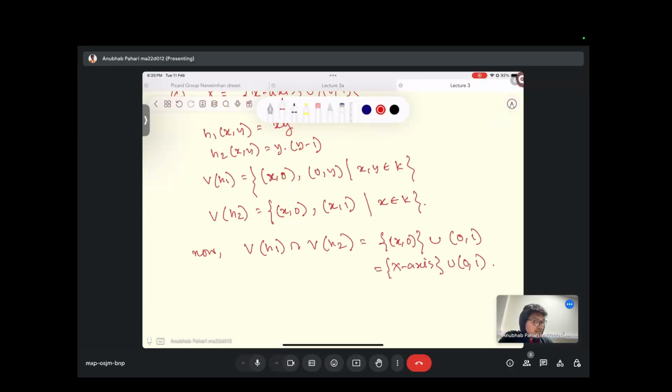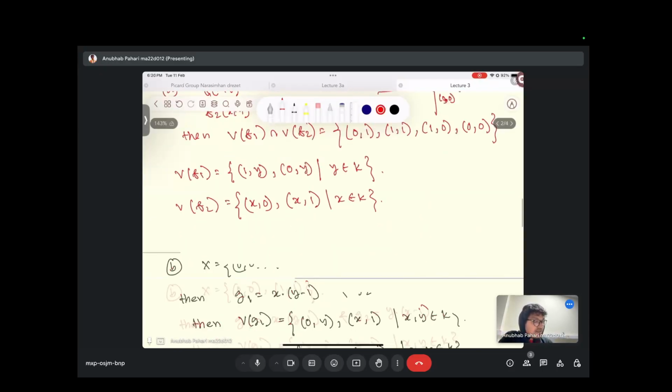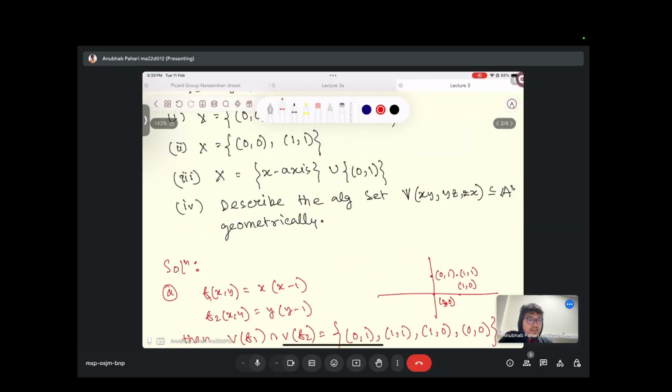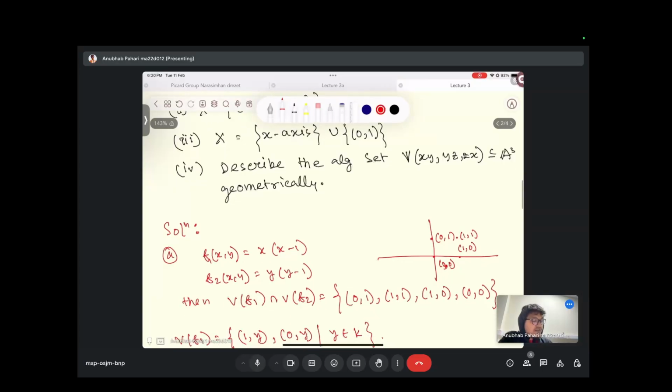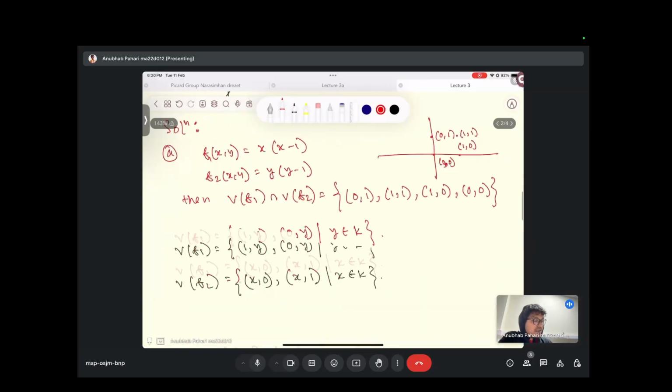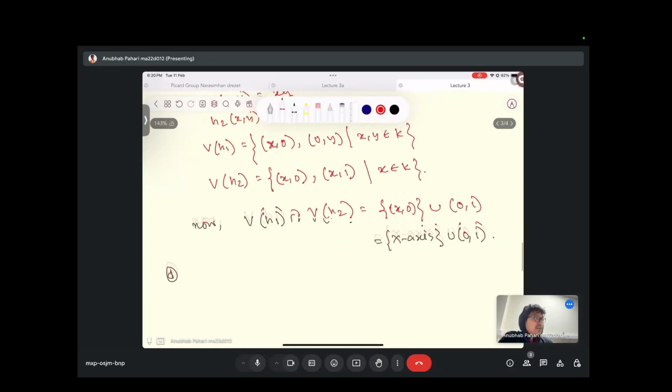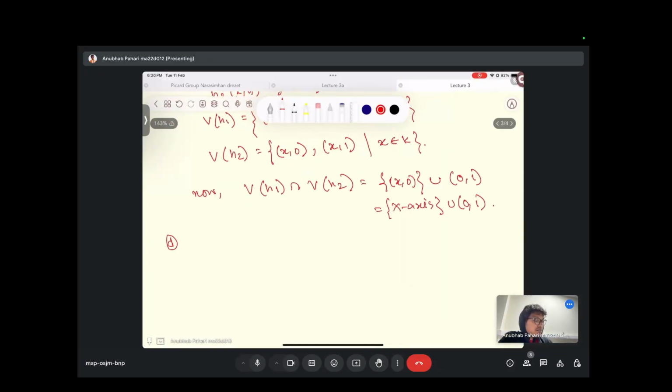And the fourth problem is: describe the algebraic set V(xy, yz, zx) in A3 geometrically. It means V(xy) intersection V(yz) intersection V(zx).